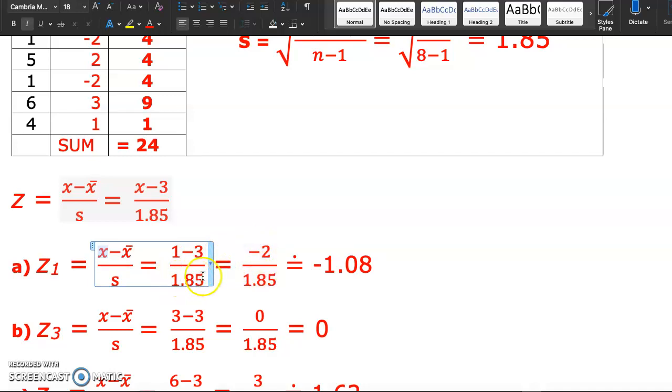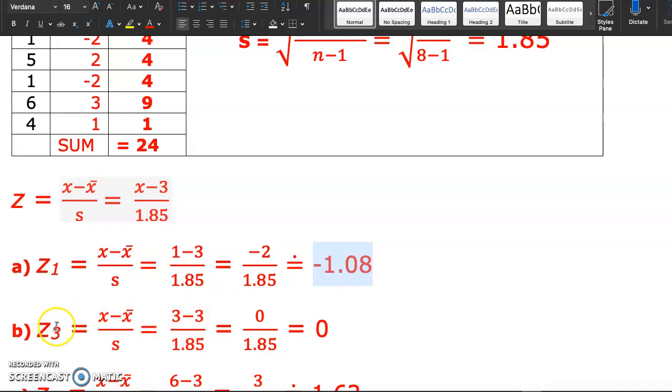When we divide by our standard deviation, it's telling us the number of standard deviations that it is away from the mean. So let's look at our result. A z-score of -1.08 indicates that it is 1 whole standard deviation to the left of the mean and 8% of a standard deviation to the left further.